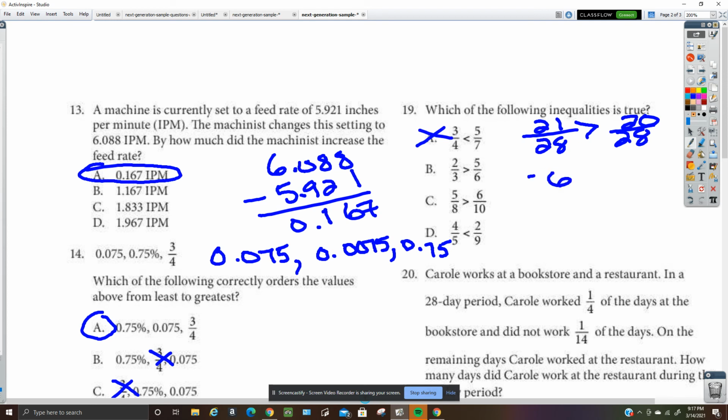And then common denominator 6. 4/6 is less than 5/6. That's wrong. And then if I do 40 here, 25. So multiply the numerator and denominator by 5, and this one by 4. And so this one's right.